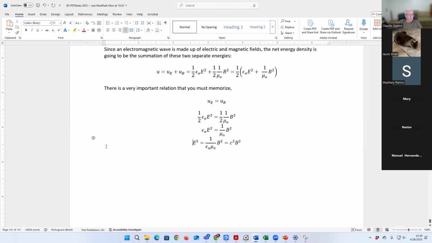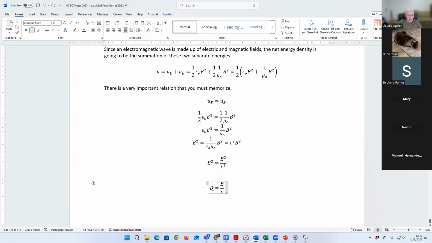We can here write that in terms of the magnetic field. B squared is going to be divided by the square of the velocity of light. And then taking the square root of both sides, E divided by C.